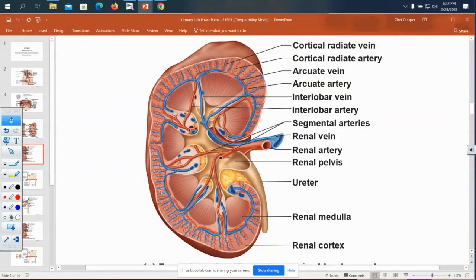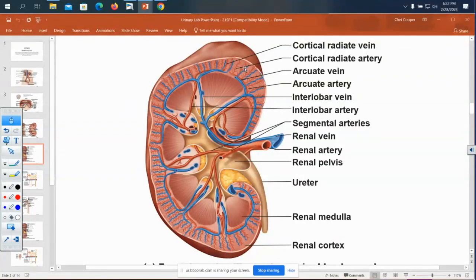For us, getting the names perfect isn't the big deal. The big deal is that you know the renal arteries go in and they branch. And a branch goes through a column, and then they curve over every single pyramid, and then they radiate out through the cortex. And notice, as they're moving outward, they're getting smaller and smaller and smaller.